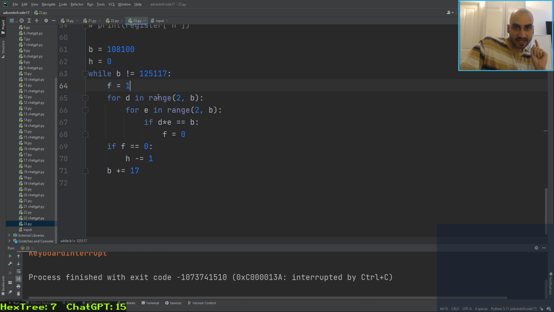So if there's any two numbers in the range 2 to B minus 1, such that B is those... Is it just counting if B is prime or not? So we have a B value.